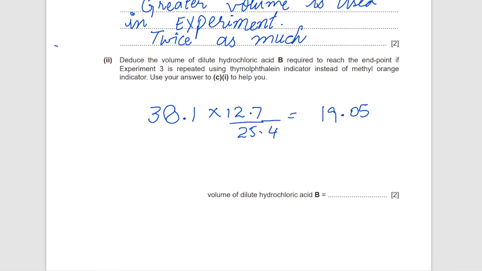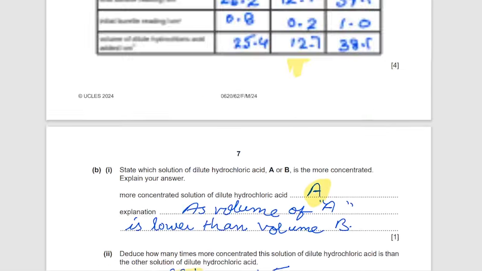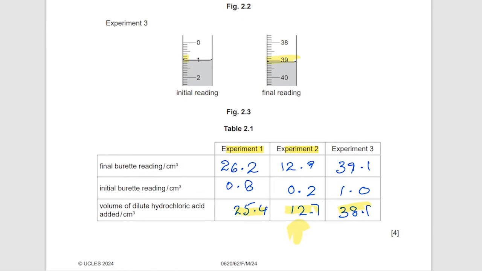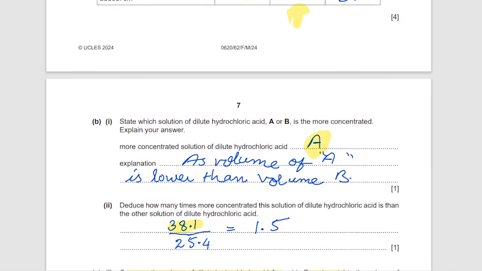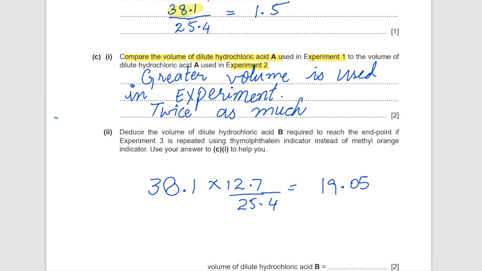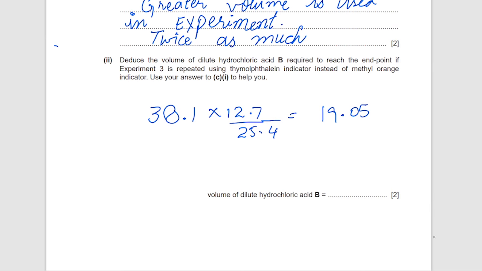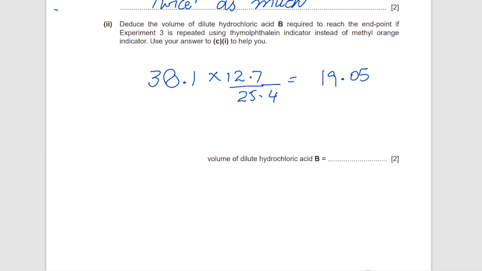Now deduce the volume of dilute hydrochloric acid B. Let me check the value. Yes, it's okay, the greater value is in experiment 1. So, deduce the volume of dilute hydrochloric acid B required to reach the end point if experiment 3 is repeated using thymolphthalein indicator instead of methyl orange indicator.